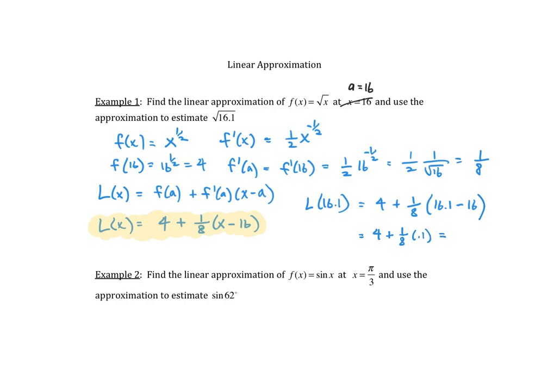And if we plug all of this into our calculator, we get 4.0125. So this is our linear approximation for the square root of 16.1. So the square root of 16.1 is approximately equal to 4.0125.